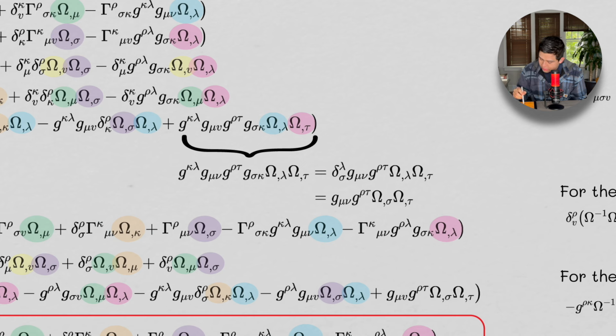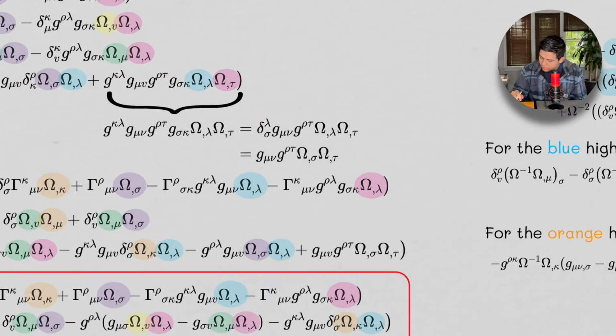I'm just rewriting things, and we can rewrite this in terms of the Kronecker delta. The Kronecker delta is going to drive some indices to be different names, so lambda is going to be sigma, and we get this term right here equaling this.